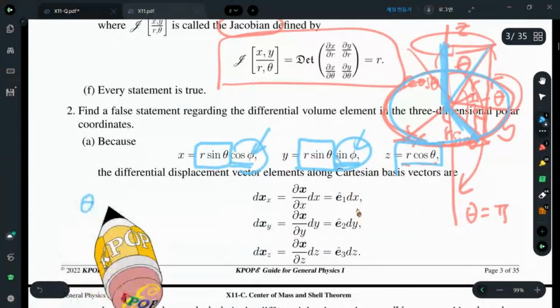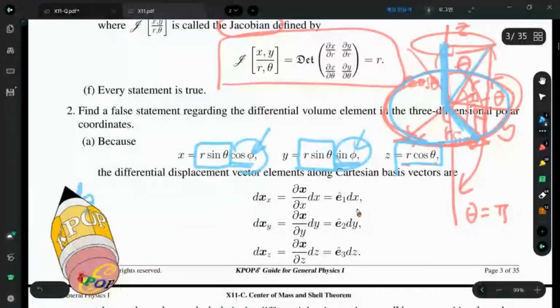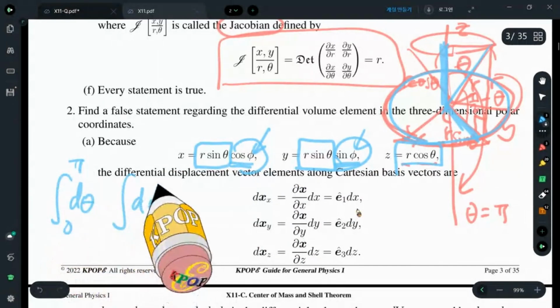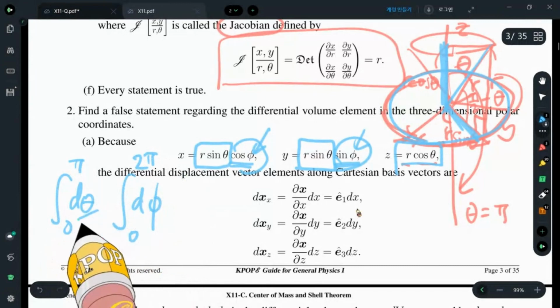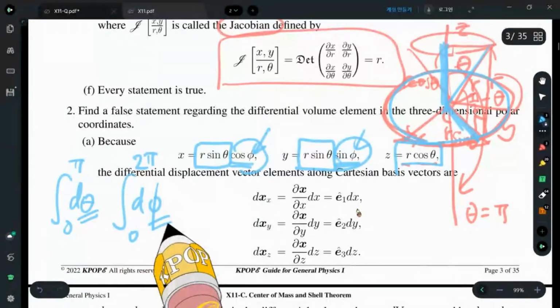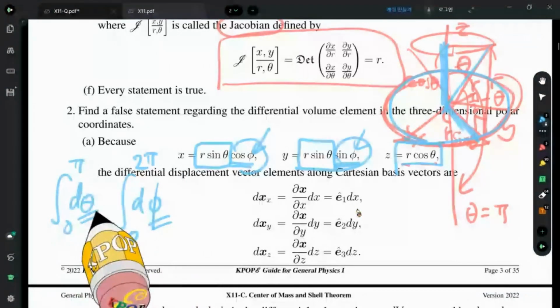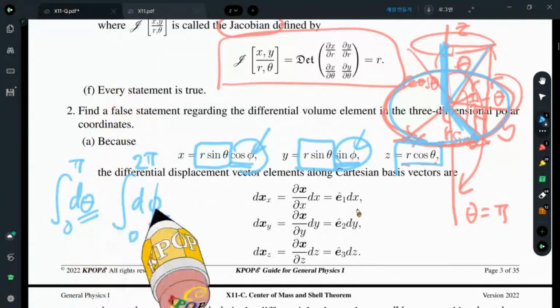So theta runs from 0 to pi, and phi runs from 0 to 2 pi. But as you know, this is an angle. Angle does not carry any dimension. We need to multiply the scaling factor to make this one have a length dimension.